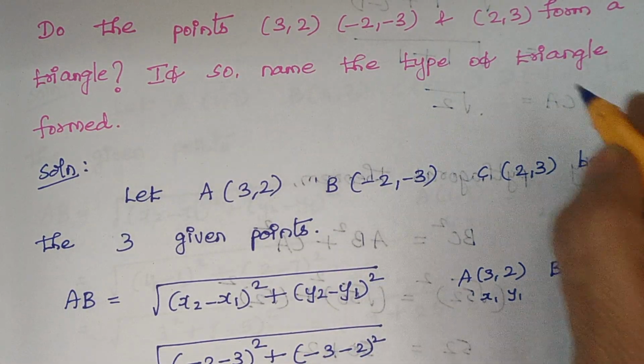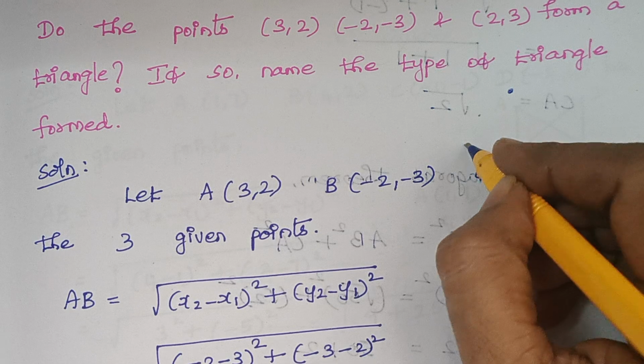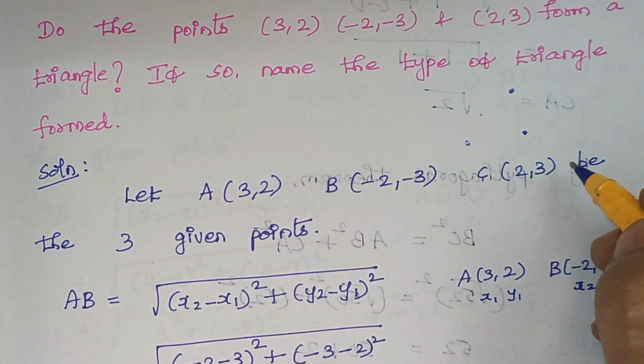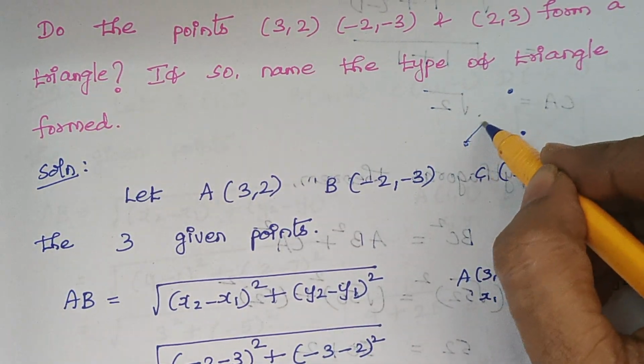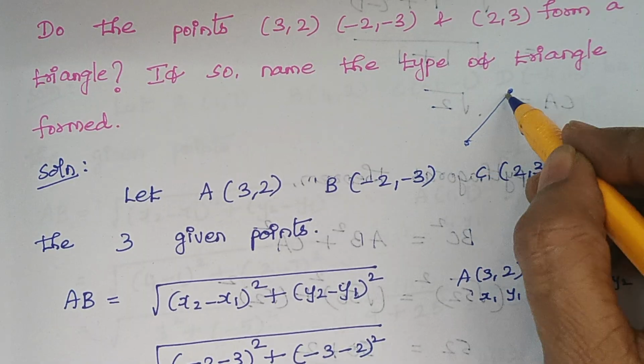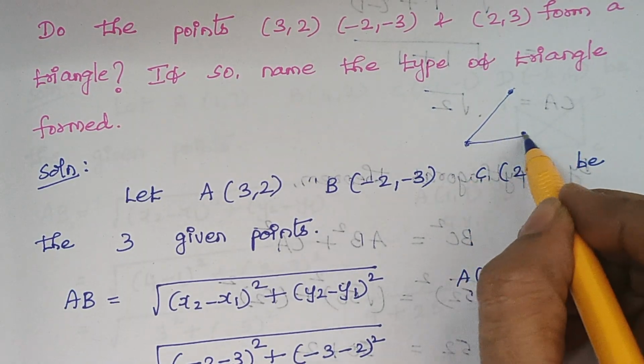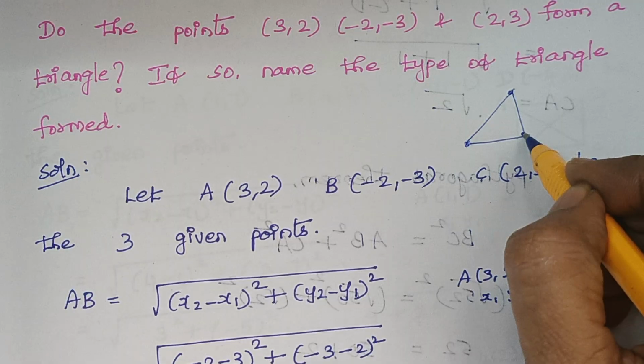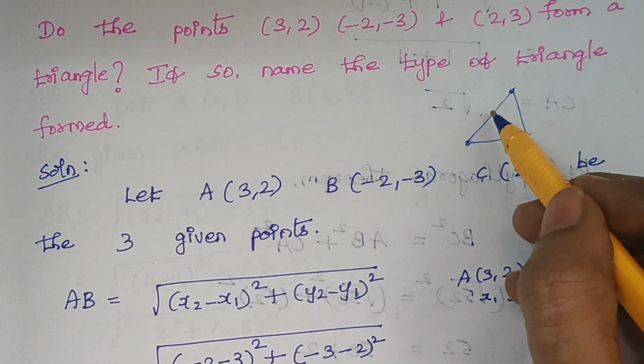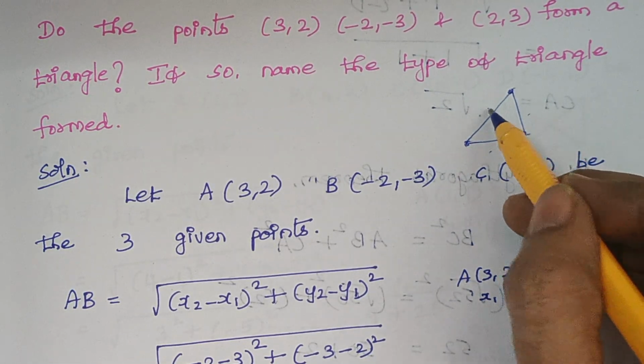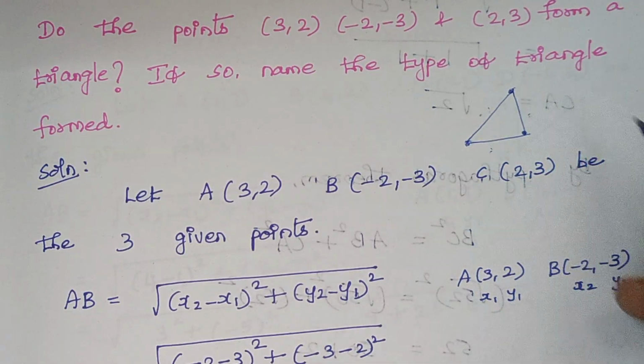For example, assume the 3 points are located like this. First we calculate the distance between these 2 points, then these 2 points and again these 2 points. Finally, we will know the value of all 3 sides of the triangle. Then from the values we can easily judge the type of triangle formed.